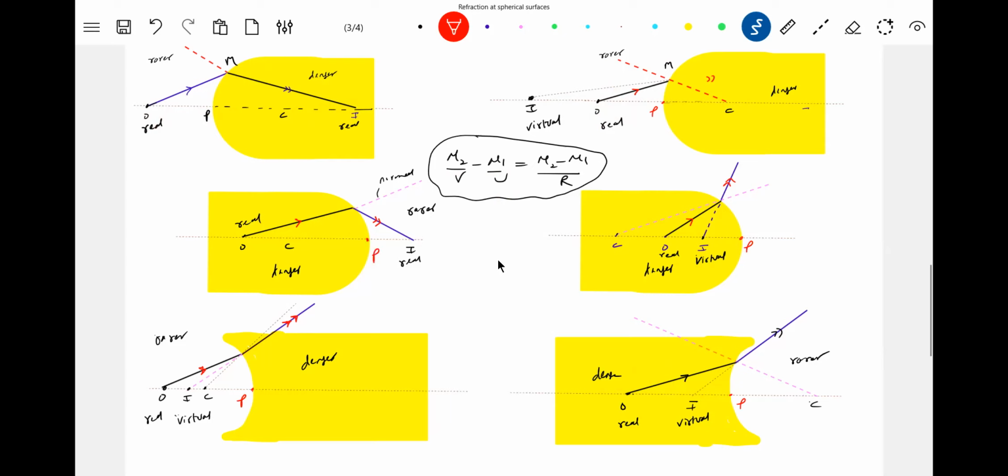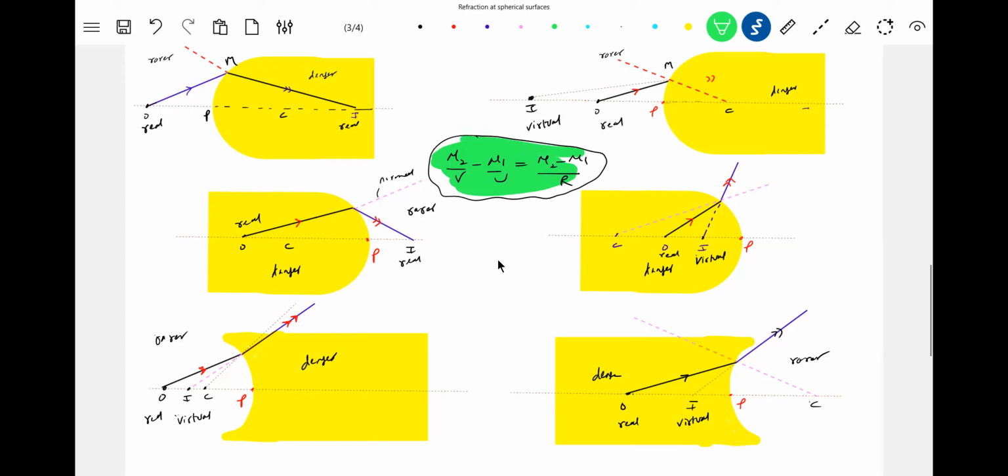All the distances are measured from the pole, and this is the axis. The direction of the incident ray should be taken as positive, and you have to substitute all these things with sign. The use of this formula is all about refraction at a spherical surface and the lens. In the problems we do, refraction at a spherical surface and the lens, this is the primary formula.